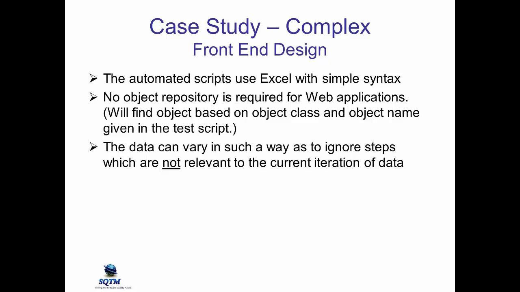So if there was no data in that field, that object was not even considered, wasn't even looked at. So again, it was data-driven. The data just drove the automation in the way it wanted it to. So if there was no data for a user or customer ID, we didn't bother with the customer ID, just ignored it. All right.